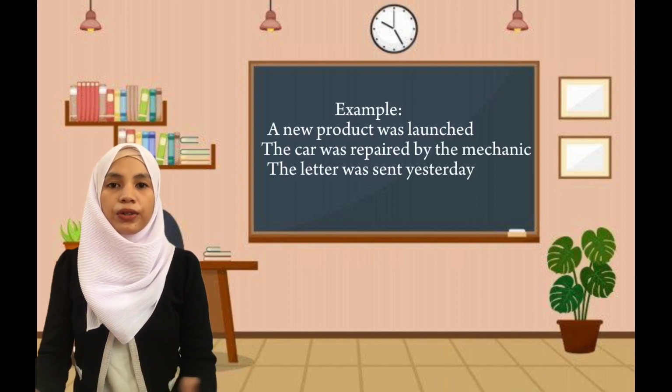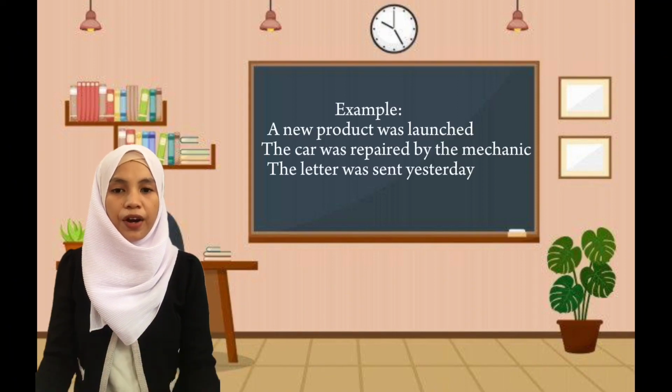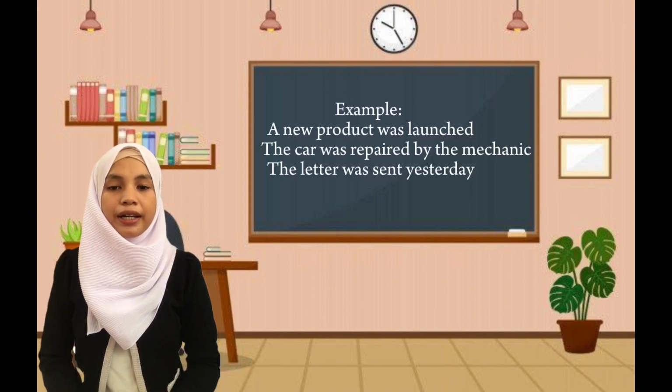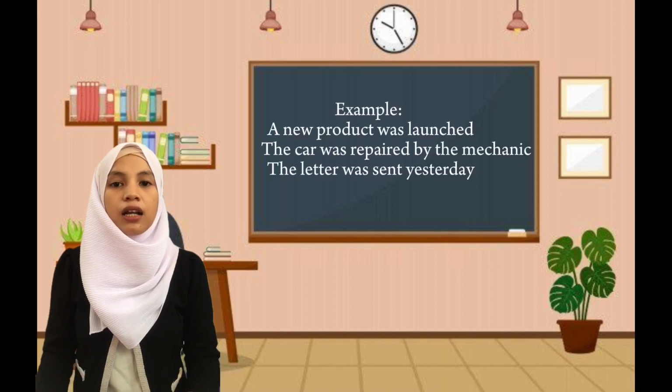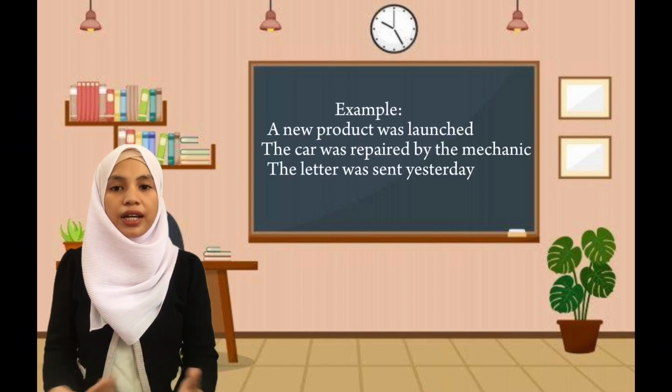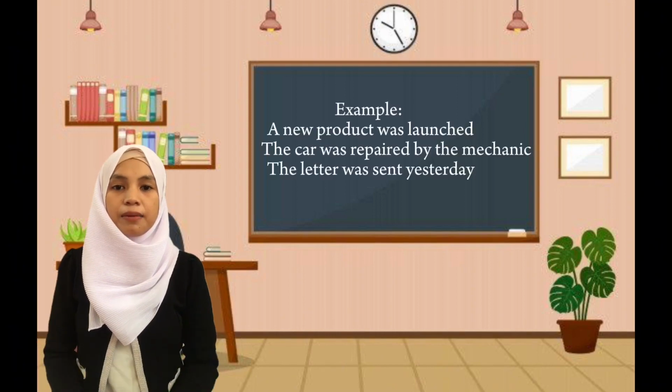Where do you think is the subject? Okay, very good. A new product. A new product is the subject that is receiving the action of being launched. But there is no specific object in this passive construction.